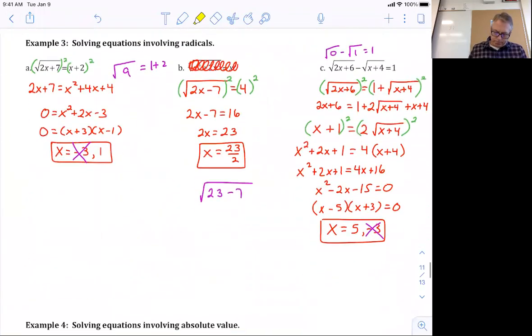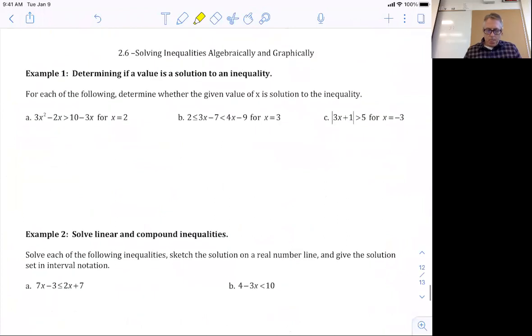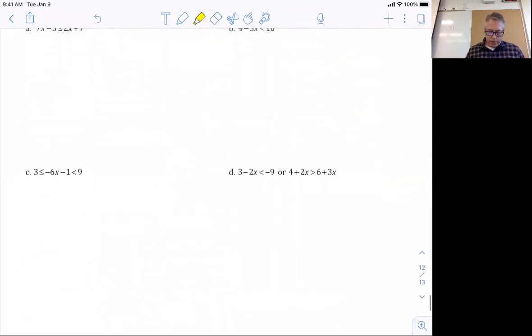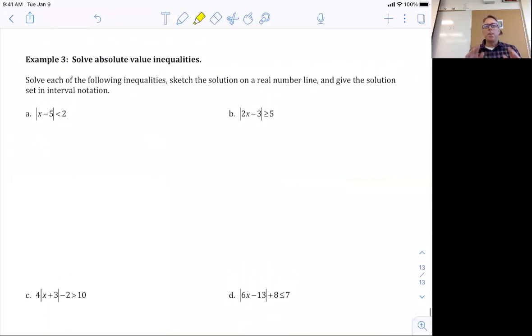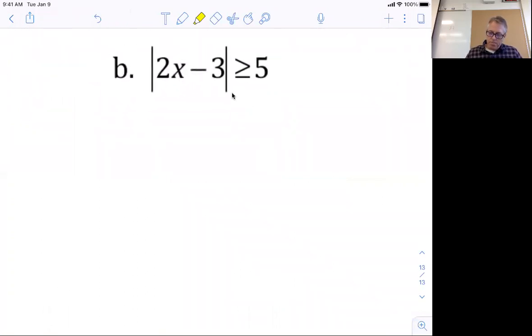All right, so remember that absolute value, like we talked about in our last class, means distance from zero. And if you can remember that it means a distance, then hopefully the absolute value inequalities make a little bit of sense here. For example, I'm going to do problem B first.